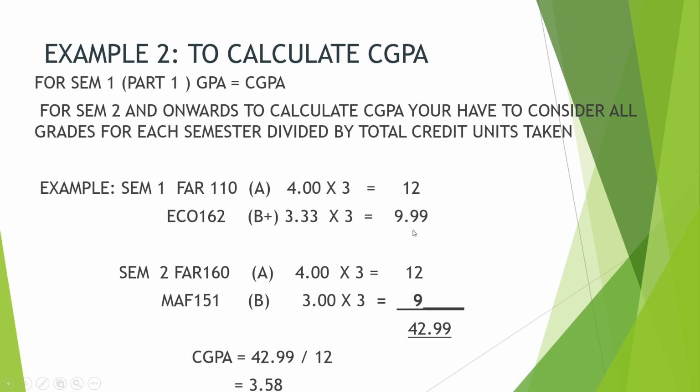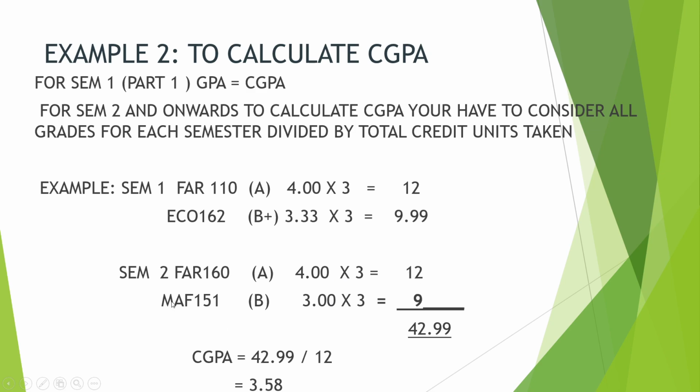And for semester 2, you get an A for 160. So your credit value is 12. How do you get this? You take the credit value or pointer for A, 4.0, times 3 credit units. So you get 12.